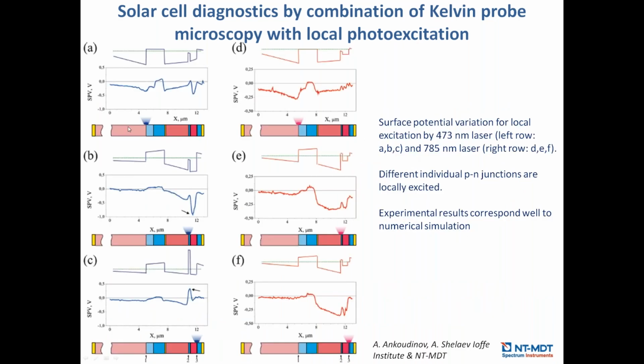Here we have models and experimental data. The top curve is a modeled curve and the bottom one is an experiment under different positions of the laser spot. The left column is for the blue excitation laser and the right column is for the 785 near infrared excitation laser. So we can see a good correlation between experiment and simulation.